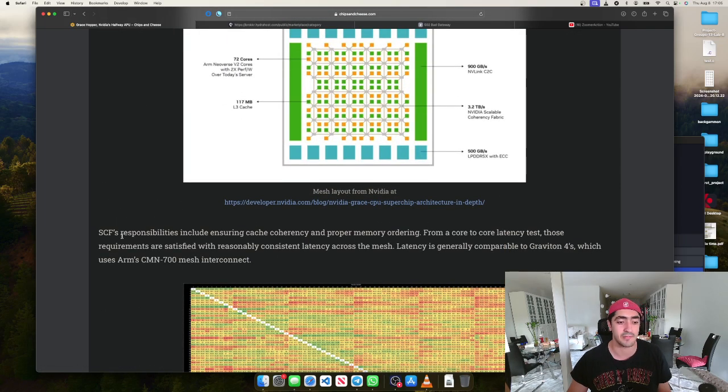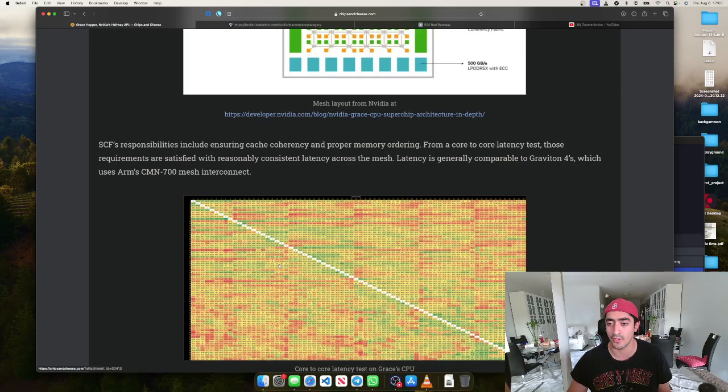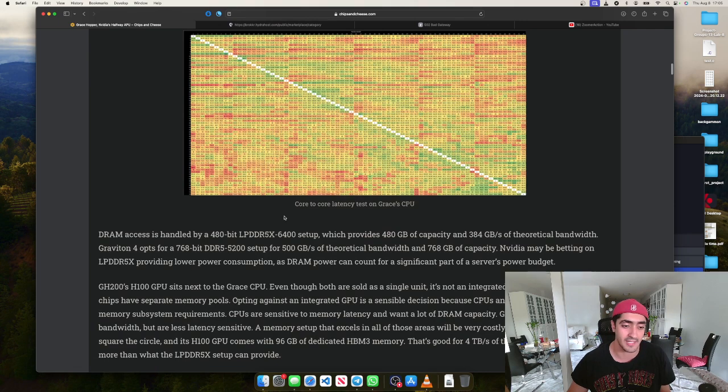Scalable Coherency Fabric's responsibilities include ensuring cache coherency and proper memory ordering. From a core-to-core latency test, those requirements are satisfied with reasonably consistent latency across the mesh. Latency is generally comparable to Graviton 4's, which uses ARM's CMN-700 mesh interconnect. DRAM access is handled by a 480-bit LPDDR5X-6400 setup, which provides 480 GB of capacity and 384 GB per second theoretical bandwidth.